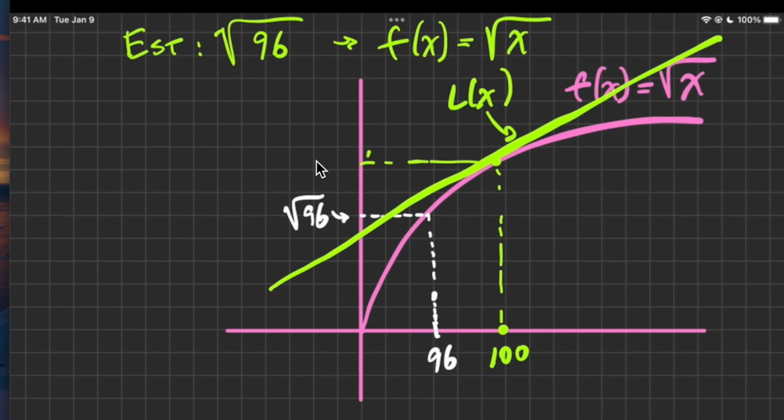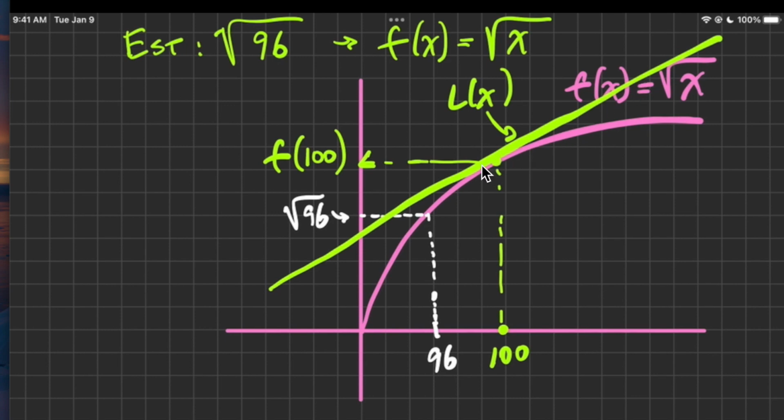What we've been doing is getting an easy a value and then plugging that in to get our y value, and then using our point, in this case 100 comma f of 100, as our point, and then we figure out the slope and we figure out the equation of that L of x line.